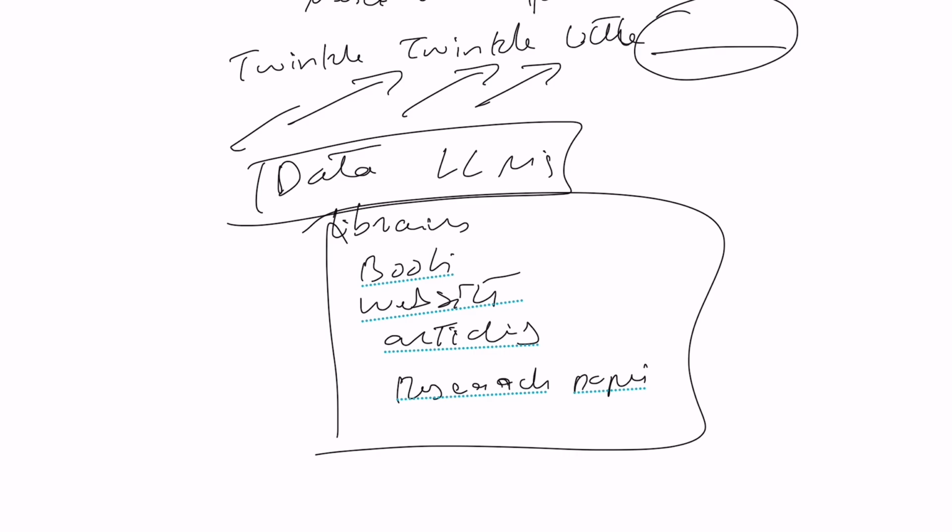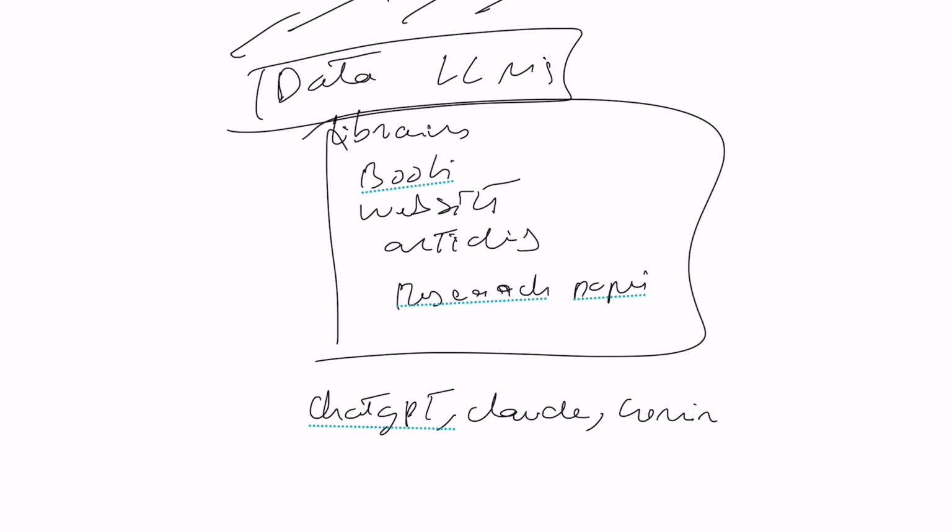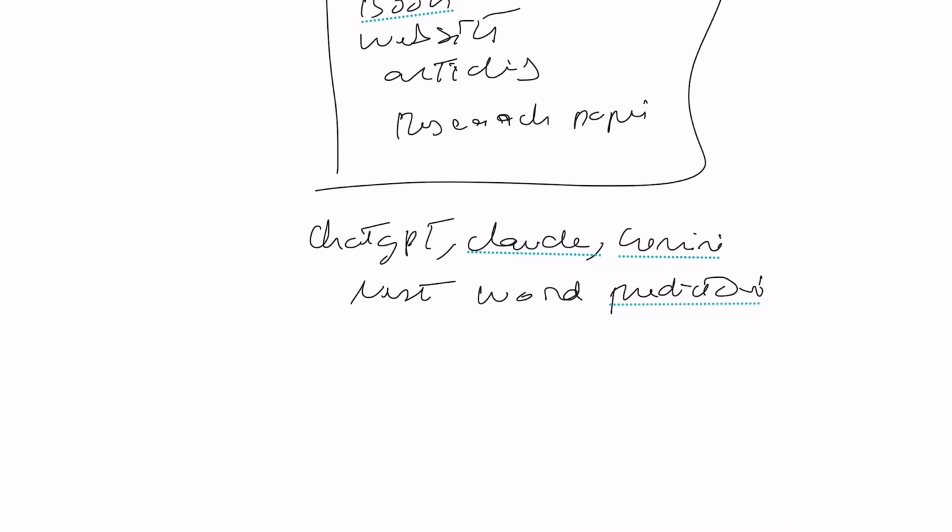Secondly, we discussed the different LLMs, the major LLMs in the industry, like ChatGPT, then Claude, Gemini. These are all next word predictors basically, and they can do a lot more stuff nowadays, but we'll discuss in detail in later videos.